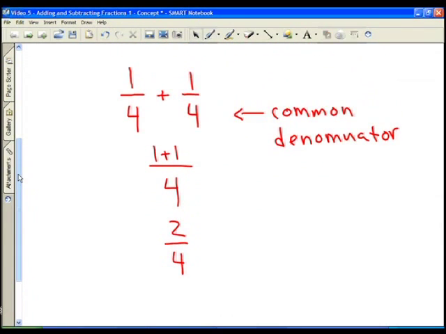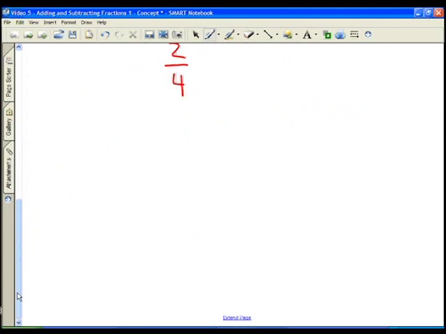So because the denominators are the same, we simply rewrite the common denominator, and then we perform the operation in the numerator. The 1 plus 1 comes from the numerators of both of these fractions. And then we get 2/4.